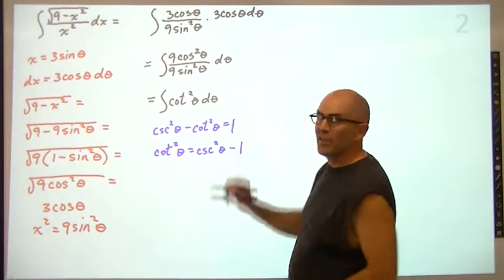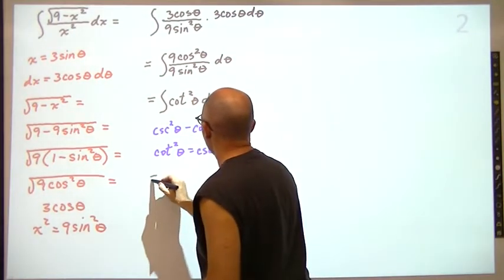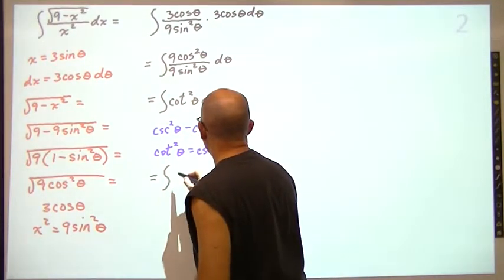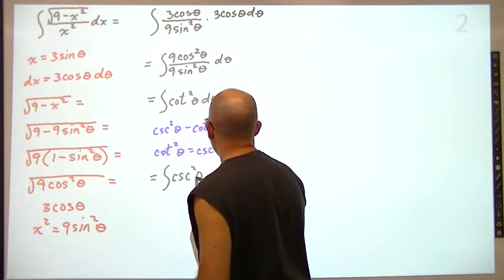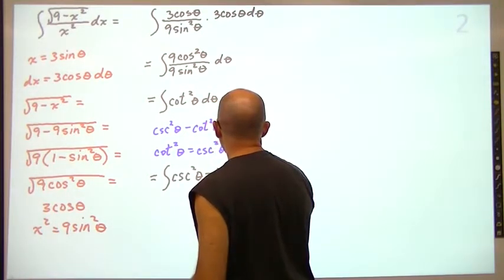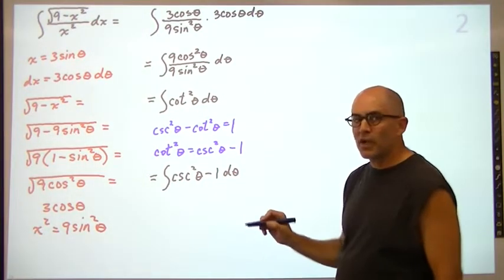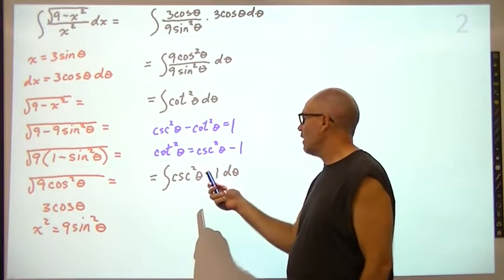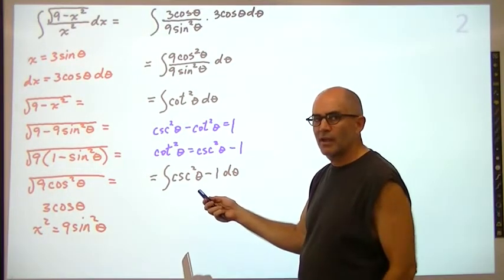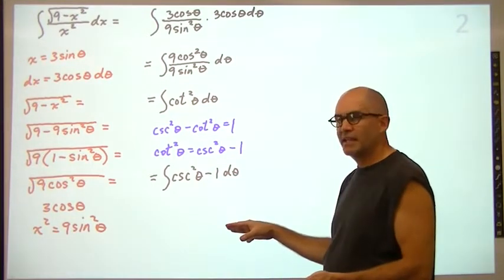So, I'm going to make that substitution then. So I've got the integral of cosecant squared theta minus 1 d theta. Well, now I'm ready for the integration, because I know that the integral of secant squared is tangent, because the derivative of tangent is secant squared.